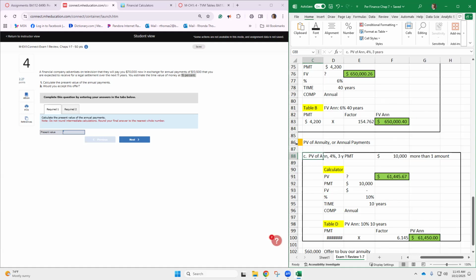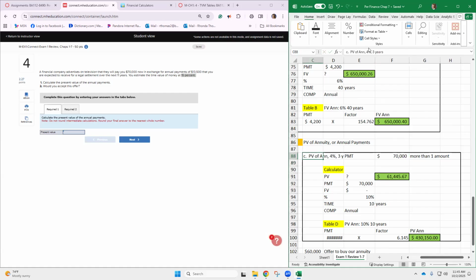Okay, one more time. First, you want to find out what the present value is. What is the present value of your annuity you're getting? So my annuity is 70,000, so I'm going to put that in as my payment.